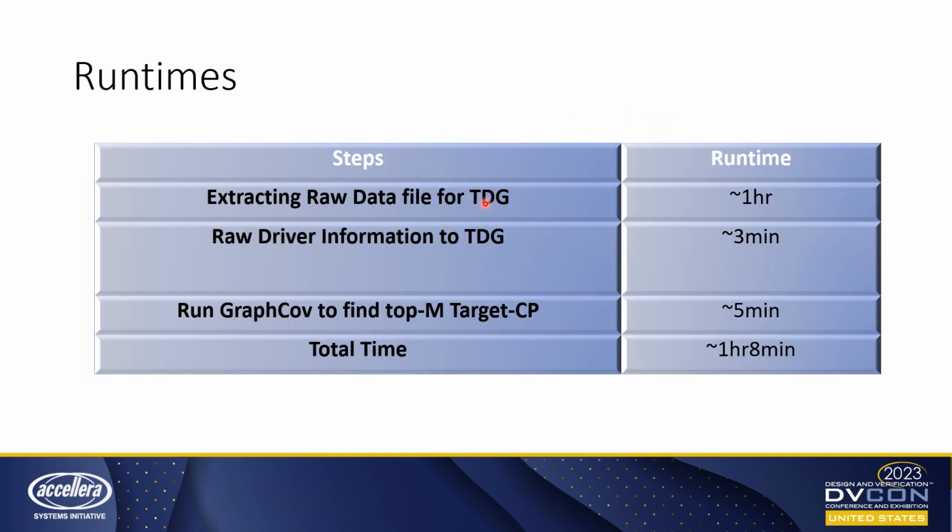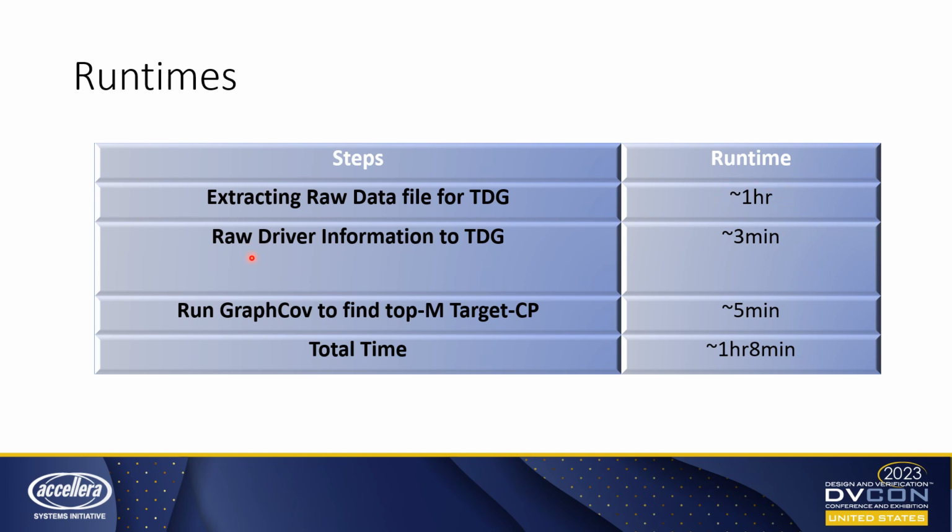So before moving over to the experimental results for GraphCov, I'd like to present at a high level what the runtimes are for this method. The first step, which is using NPI commands to extract a raw data file for the trace driver information, is about an hour for a unit level design at NVIDIA.